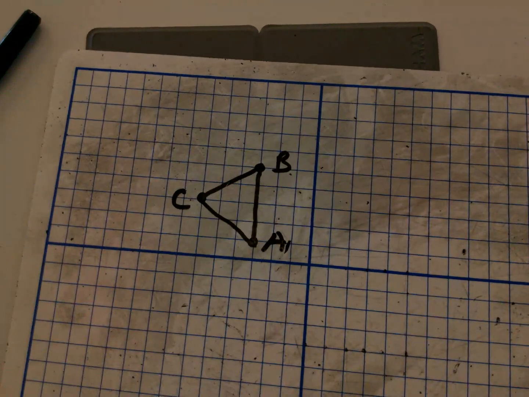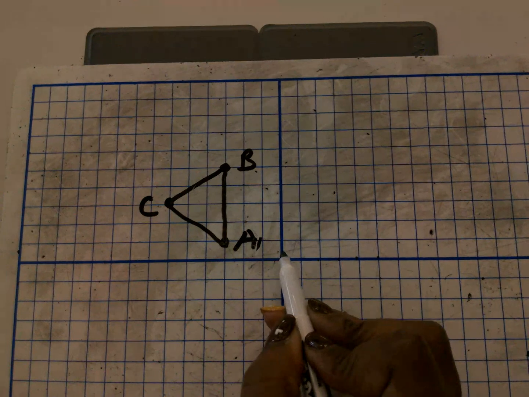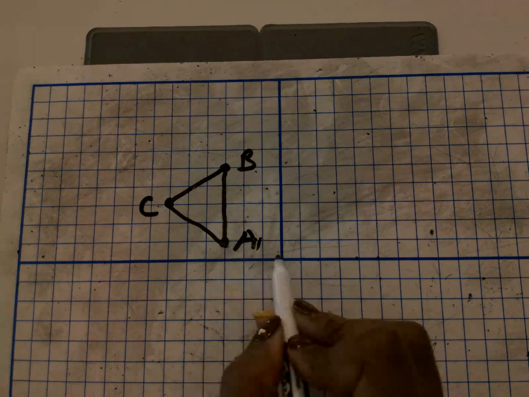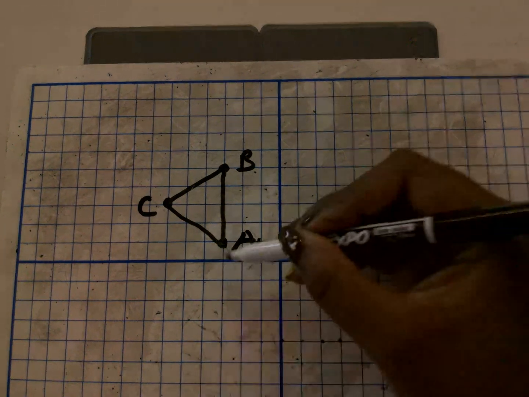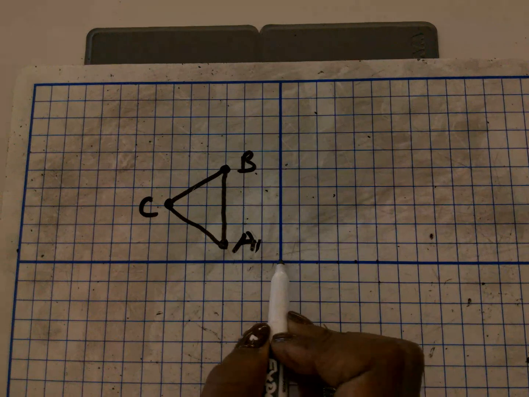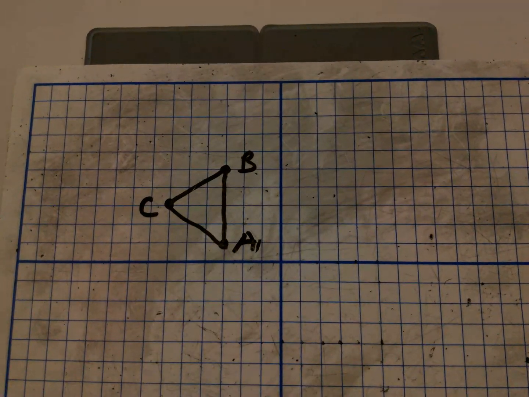Graph again. We have A at -3 and +1. B is -3 and +1, 2, 3, 4, 5. And C is -6 and +1, 2, 3. Just graph them again, okay?